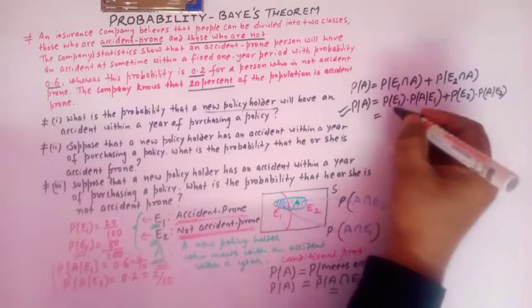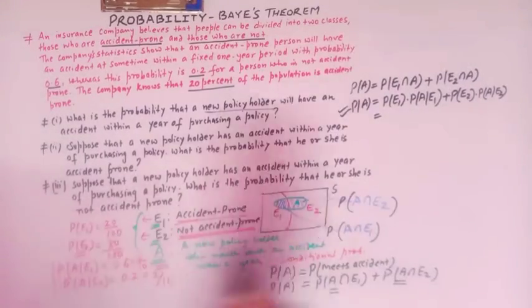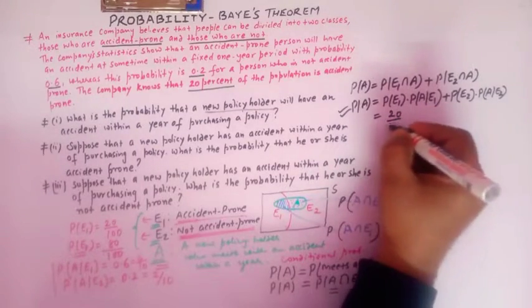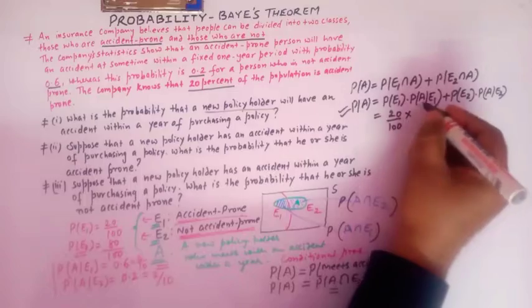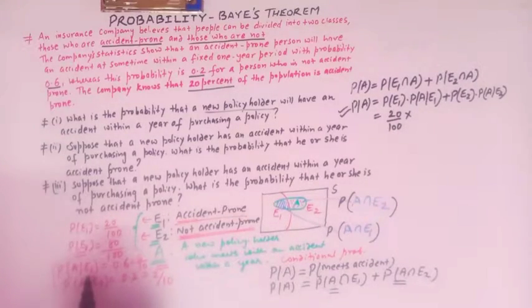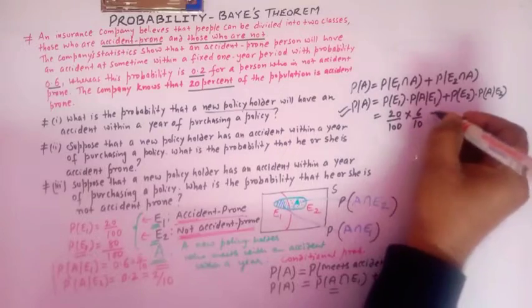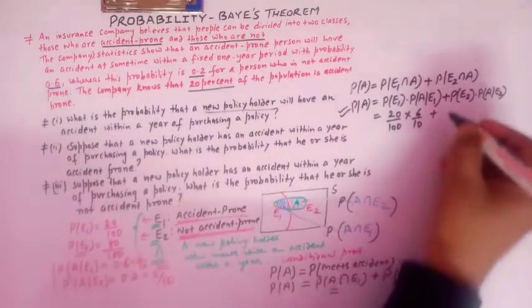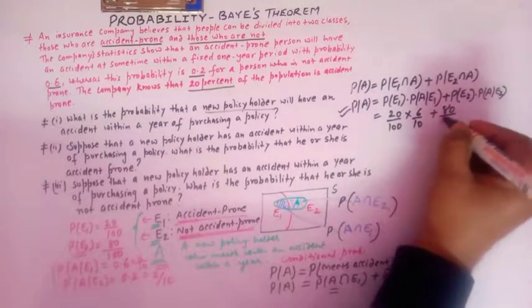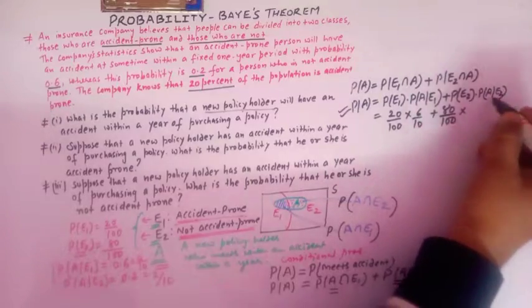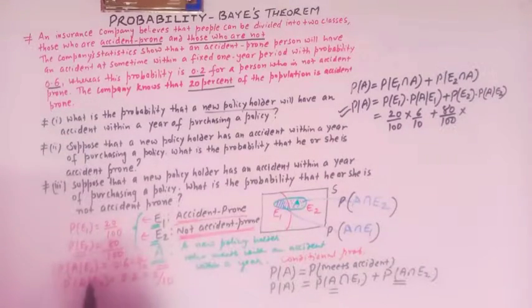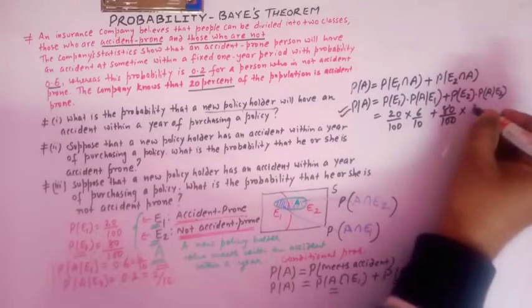Now see here, P(E1) is 20 over 100, and P(A|E1) is 6 over 10, and P(E2) is 80 over 100 multiplied by P(A|E2), which is 2 over 10.